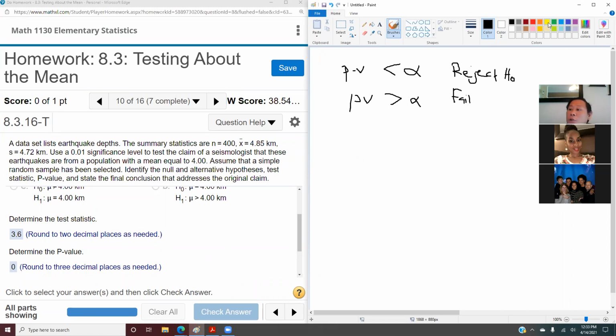You look at the p-value from StatCrunch, in this case 0, and the significance level given in the question, alpha, which is 0.01. Is this number less than or greater than 0.01? It's less than, so it's the first one. So 0 is less, which means we reject the null hypothesis here.